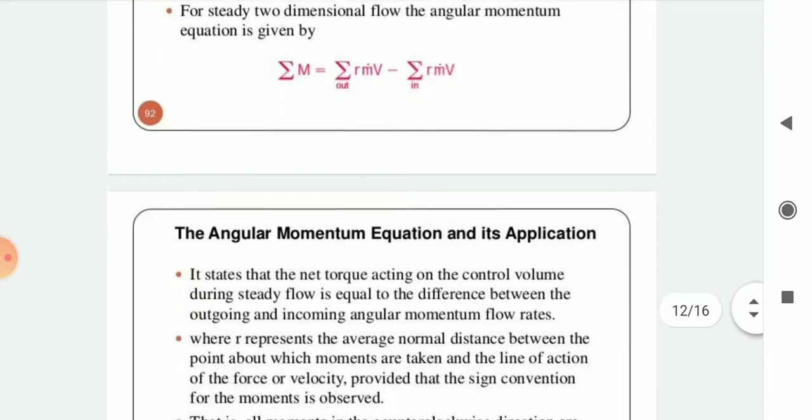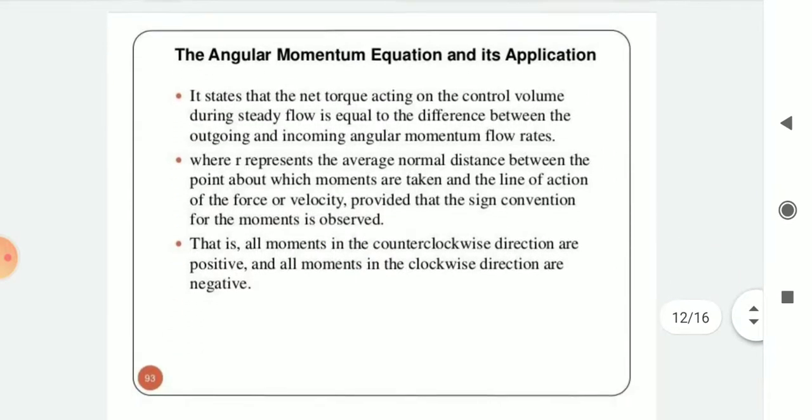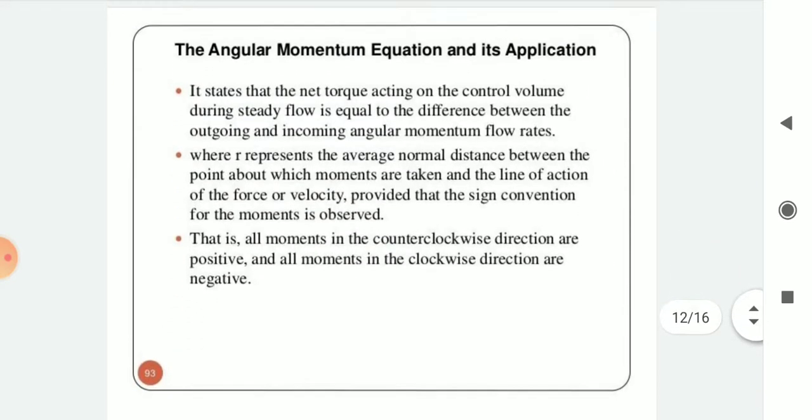So it states that the net torque acting on the control volume during steady flow is equal to the difference between outgoing and incoming angular momentum flow rates, where R represents the average normal distance between the point about which moments are taken and the line of action of the force or velocity, provided that the sign convention for the moments is observed.